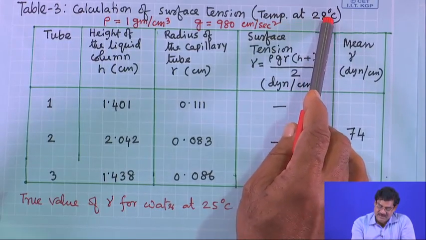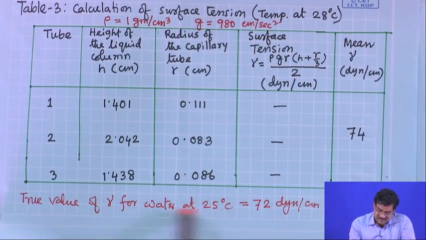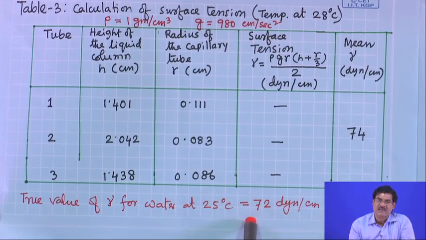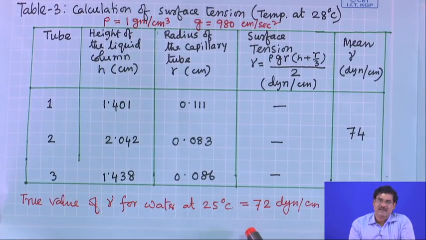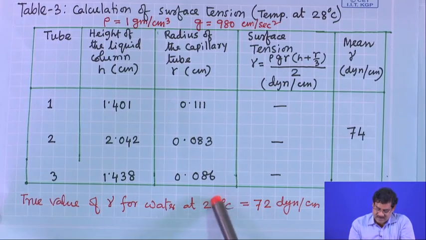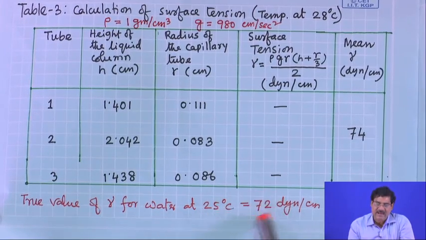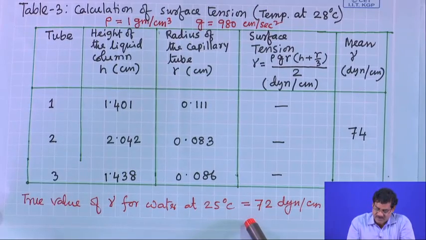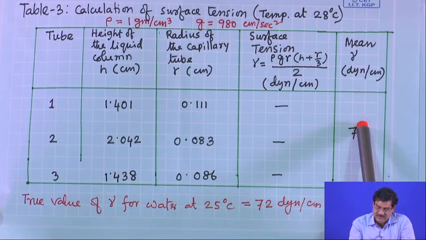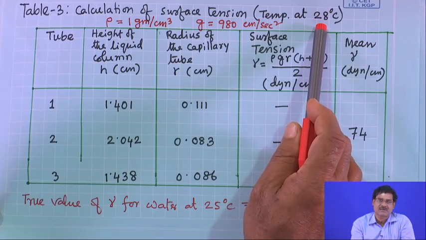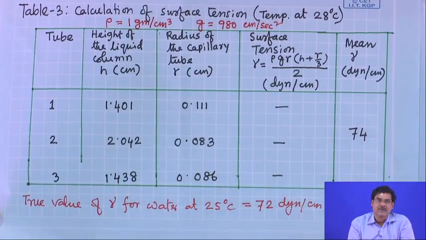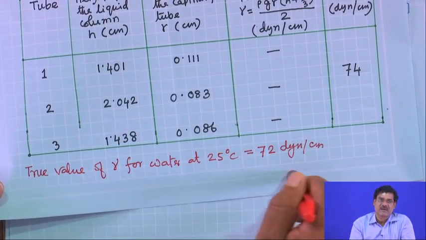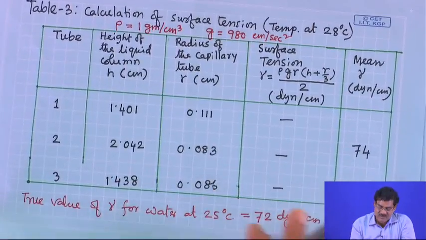So at 28 degree centigrade the true value will be less than 72, I think between 72 and 71, slightly lower than 72. So, I cannot tell why it is higher. It should be a lower value at higher temperature. This way we compare with the standard value, the true value.